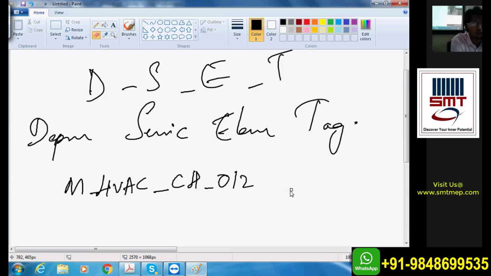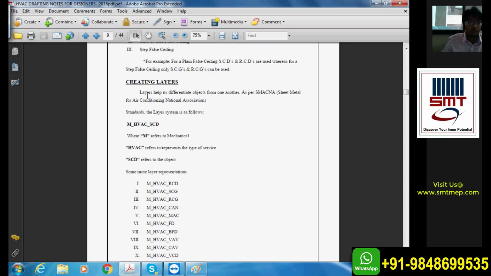With the tag you can place N, that means number. So there is a DSET that you have to follow: department, service, element, with the tag.